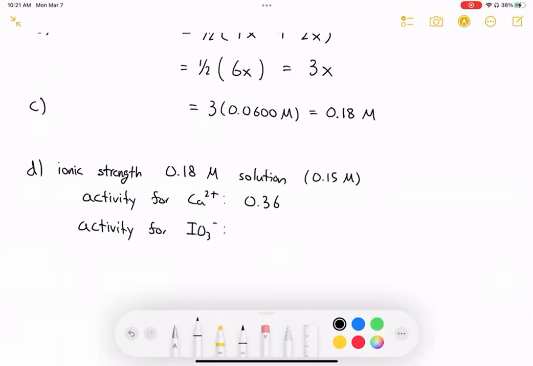So for IO3 minus, we go back up to the 0.15 column, and we see that the activity coefficient is 0.76. Okay, so those are our activity coefficients. Now we're going to go back to our calculations here.